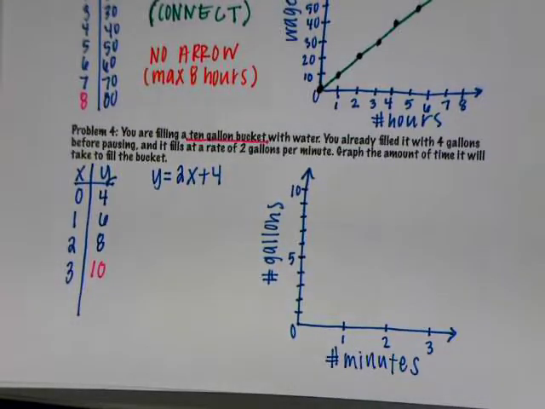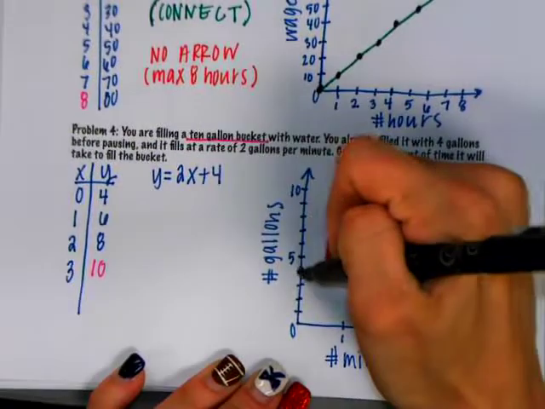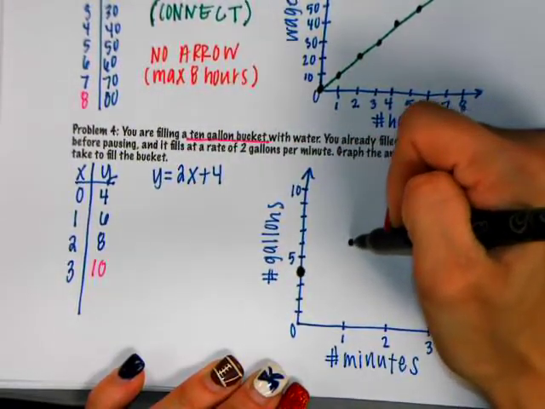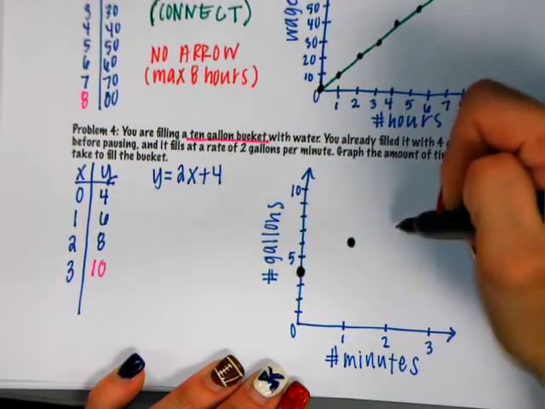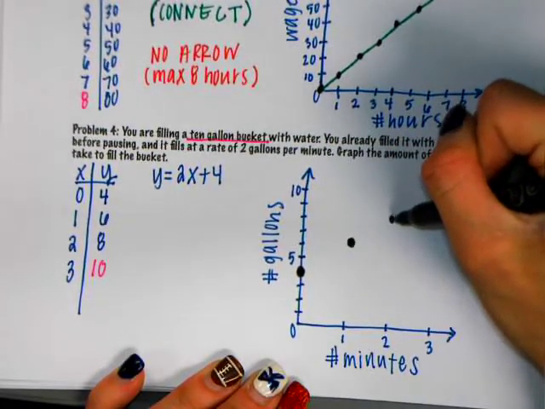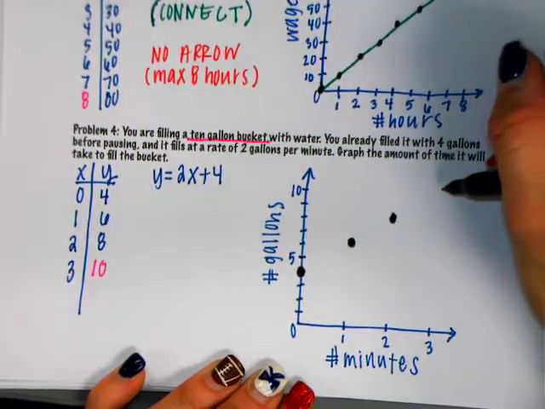All right, so at 0, I'm already at 4 gallons right here. At 1, I go up to 6. At 2, I go up to 8. And at 3, I'm at 10.